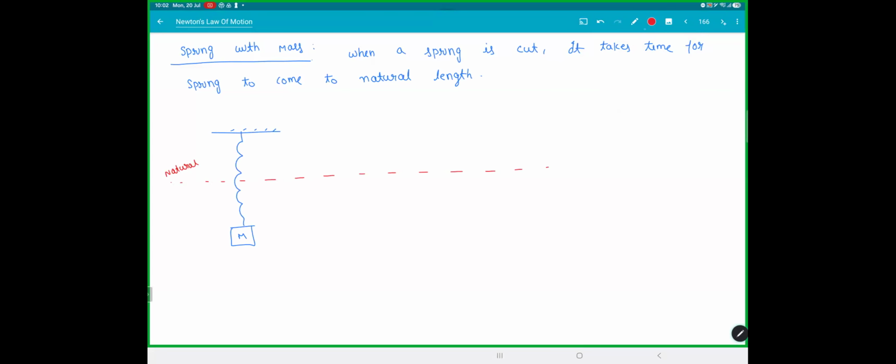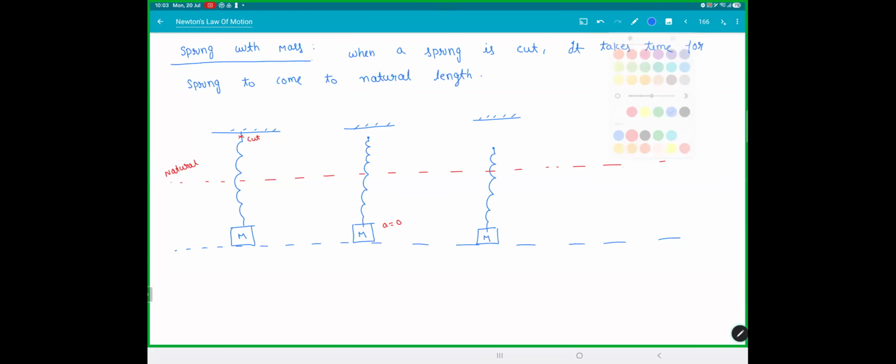This block doesn't move only because there's still a kx which is pulling it up. Acceleration is still zero. If you give a little more time, this will come till here. The block is still here. The block doesn't move.